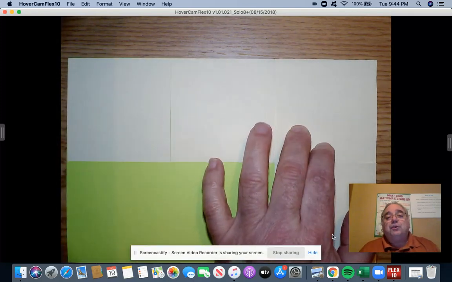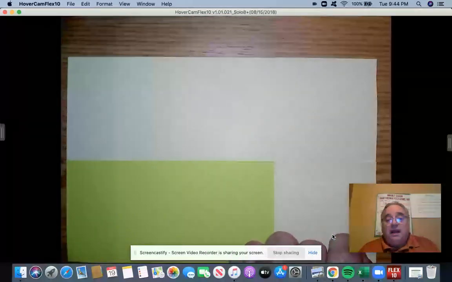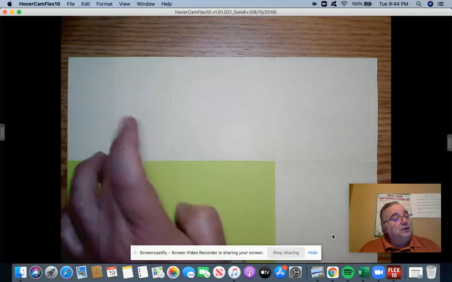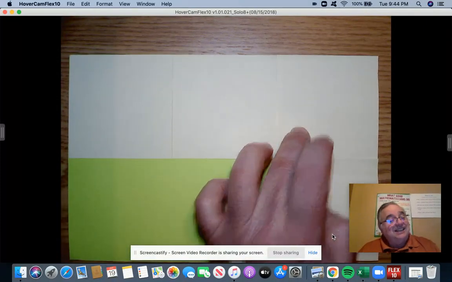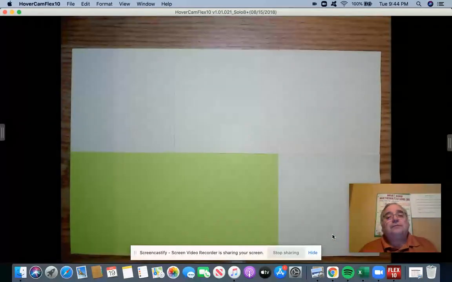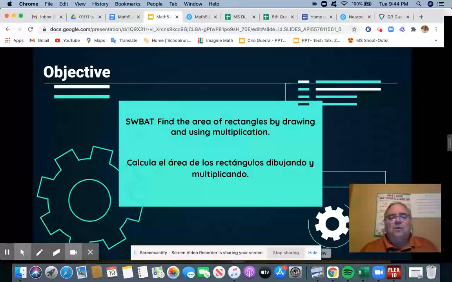So I have 3 square units for my length and 2 square units for my width. What is the area? Pausing the video in 3, 2, 1.